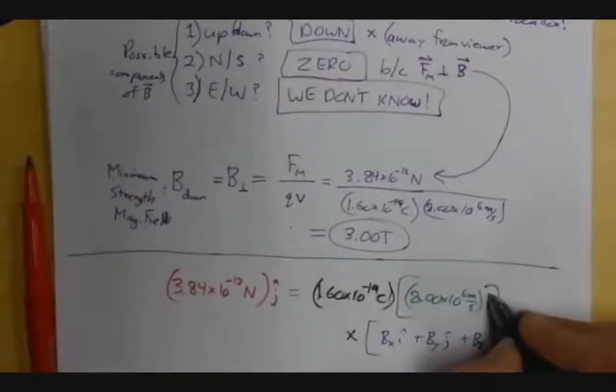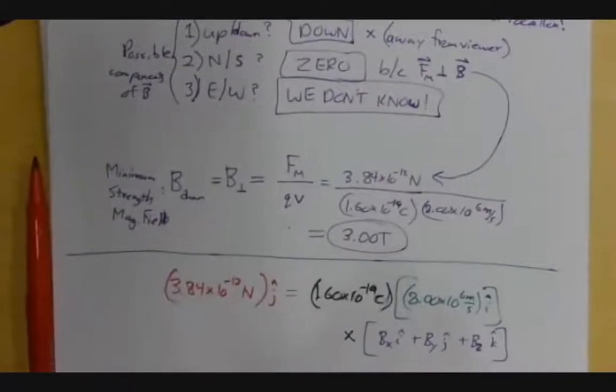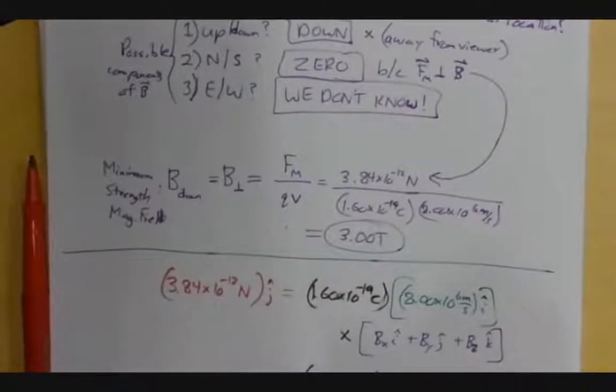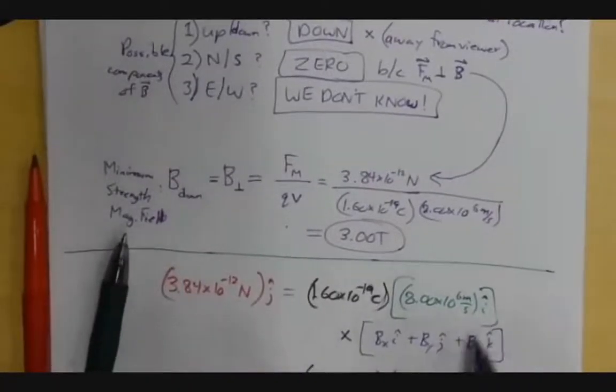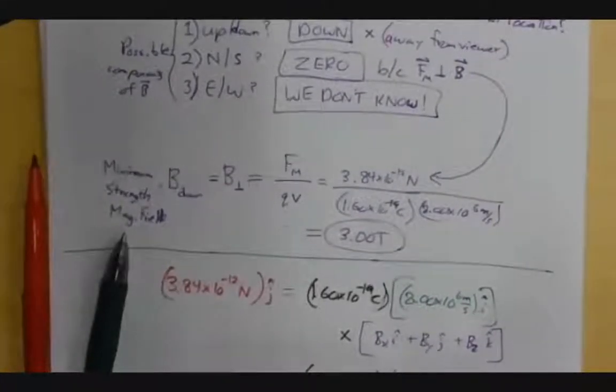So if we do the cross product on the right, I'll leave the 1.6 times 10 to the minus 19 coulombs out front. Then I'll put the 8 times 10 to the 6th meters per second. Those are scalars. Then in terms of components: i cross i is 0. i cross j is k, so I get plus By k hat.